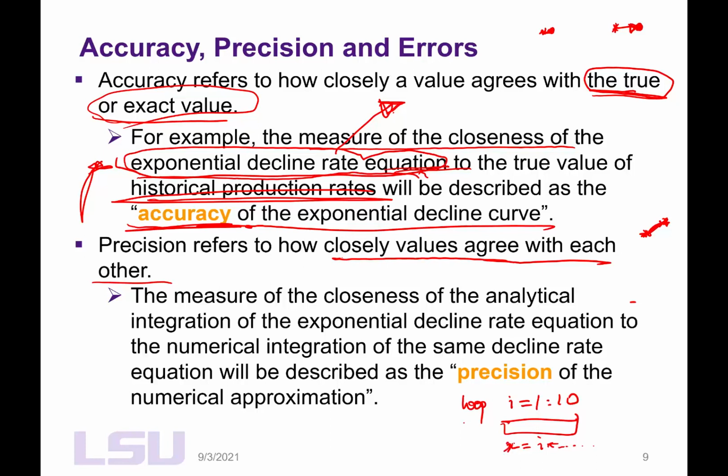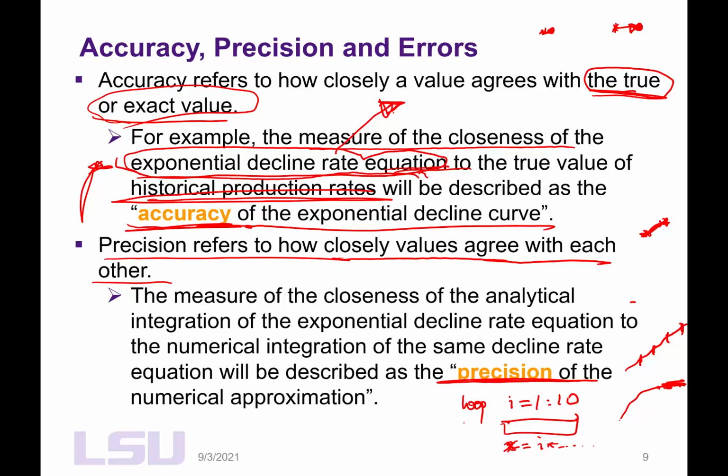So you're looking at the value of x, and you can actually plot out the value of x. And if that value is still changing a lot, then it's not yet precise. If that value is flattening out to some constant value, so that value no more changes through time, then the precision is high. So the important thing is, with precision, there is no knowledge of the true or exact value.